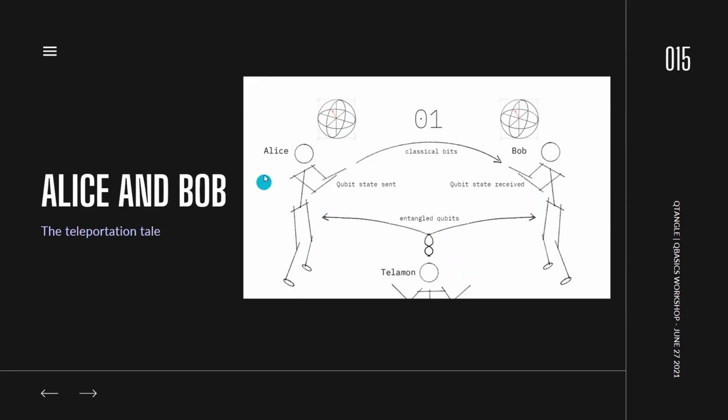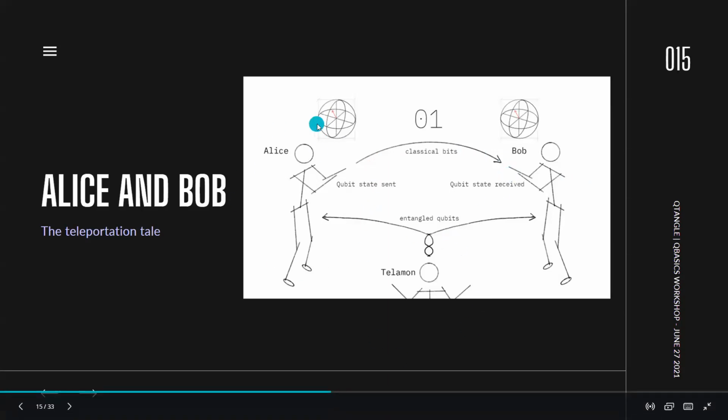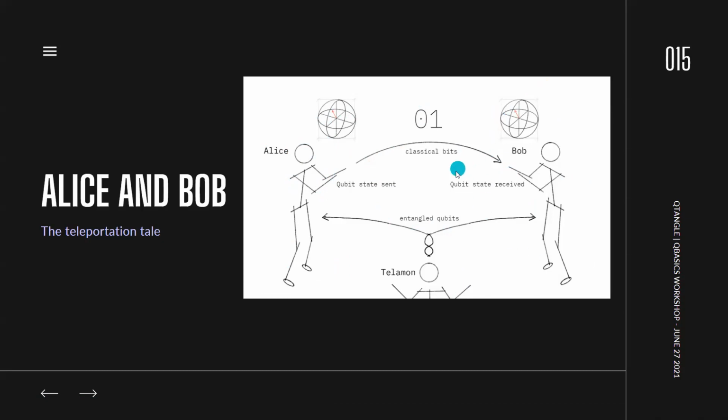If you remember, measurement is going to give you a classical result. And I told you they have a classical phone line, so they can send it through the classical phone line. So Telemon tells Alice, you do a Bell measurement with whatever quantum state you want to send, and then you send the classical result to Bob. And Telemon tells Bob that, based on the result which Alice sends you, I'm going to give you a table and you're going to apply the gates corresponding to the result which you get.